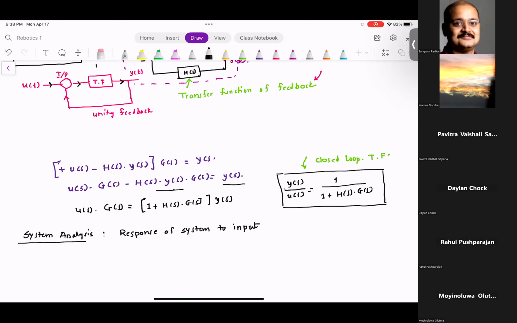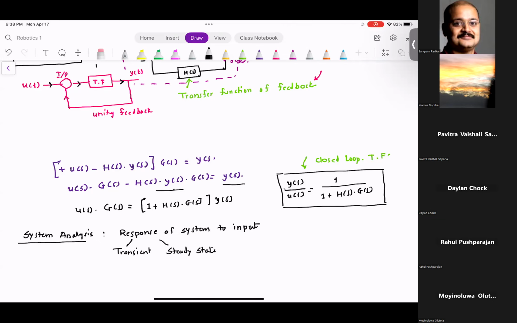When we talk about the response of the system, there is something called the transient response, and then there is something called the steady state response. The transient response is the initial response, and the steady state response is the long-term response. I'll give you a simple example.